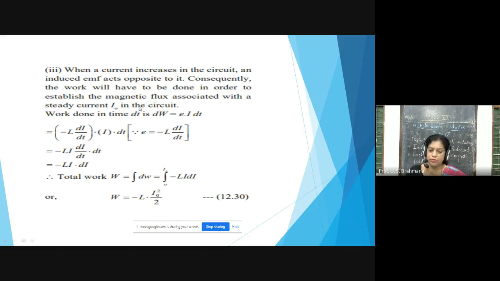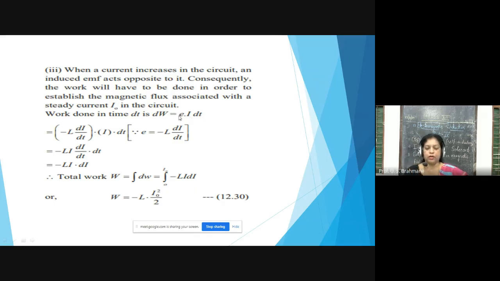The work done in time dt is dW equal to EI, because work upon time is power, so dW is equal to EI dt.